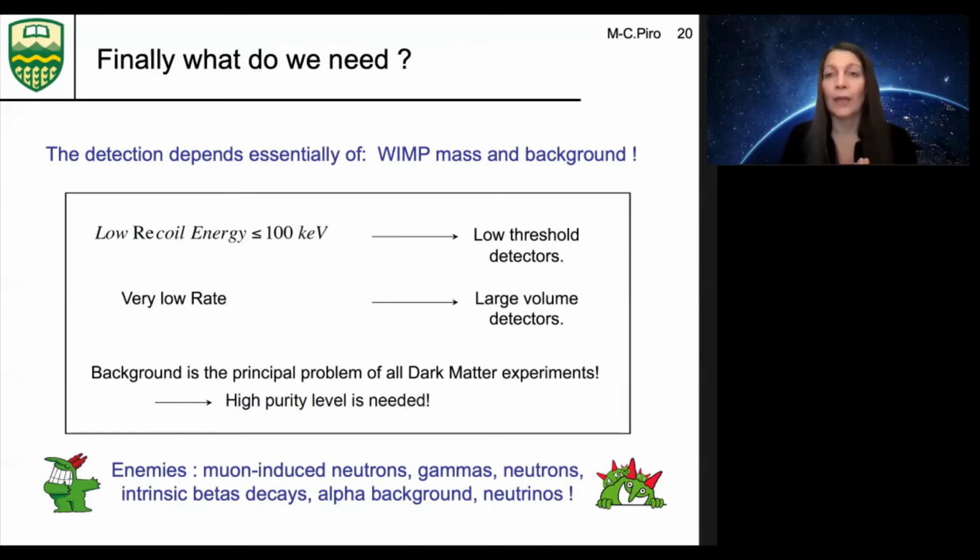detector. We know that it's a very weakly interacting massive particle, so that means the rate of this interaction is very low. And to increase the probability of detecting this rare event, we need to increase the volume of the detector. And finally, the background is the principal problem for all dark matter experiments.